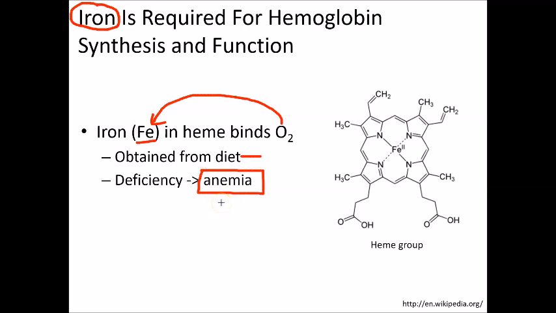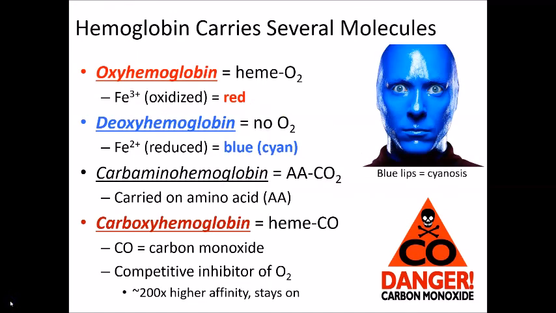There are many causes of anemia, and we'll look at them a little bit later. I want to look at the problem, dysfunctional things that have to do with blood. Now, hemoglobin can carry several different molecules on it, not just oxygen, and this is where it becomes a little bit of an issue sometimes.